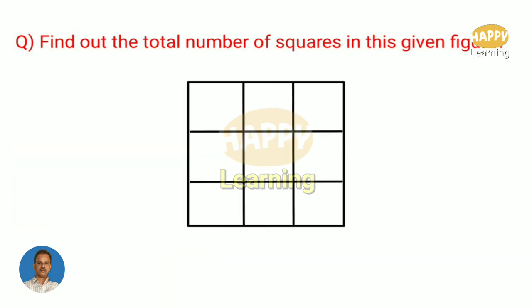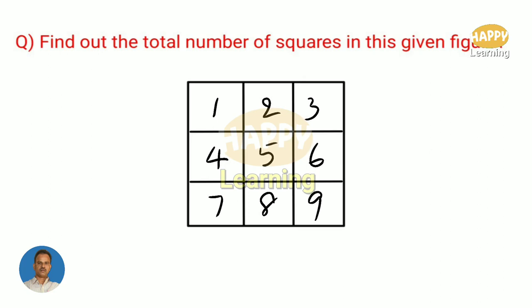Then the next question. Here it is a 3 by 3 grid. We have many squares here. This is number 1, 2, 3, 4, 5, 6, 7, 8, 9 squares.